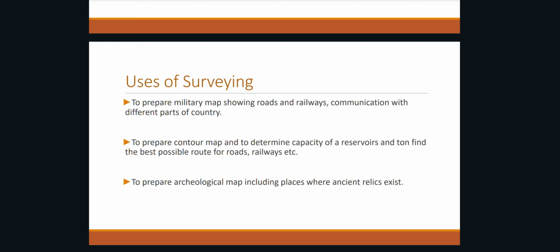Next, we can prepare a contour map, determine the capacity of any reservoir, and find the best possible route for any road, railway, etc. We can also prepare an archaeological map including places like ancient relics and other important historical sites.